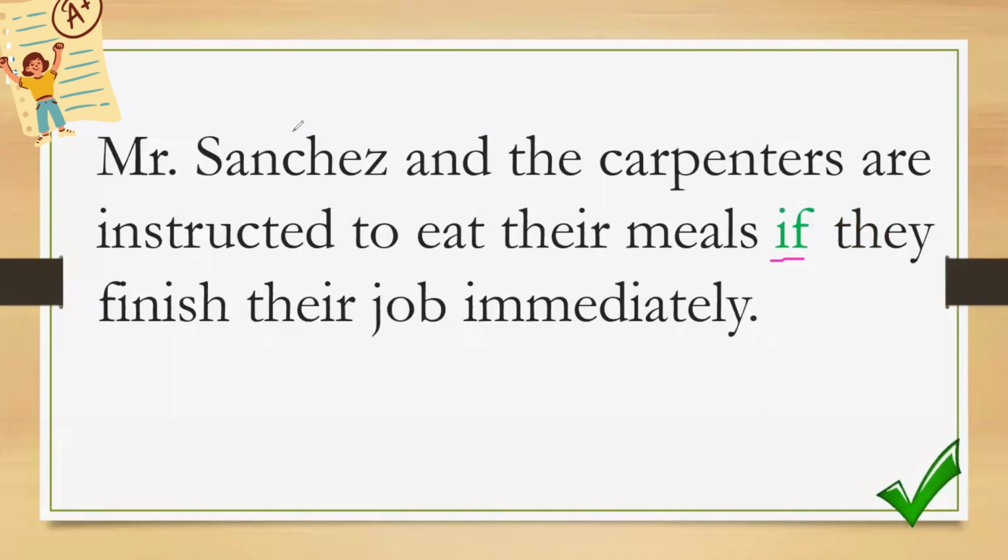Now, is the first sentence, Mr. Sanchez and the carpenters are instructed to eat their meals, if? So, in short, the second sentence would give us the condition. They can eat only under one condition: they need to finish their job immediately.